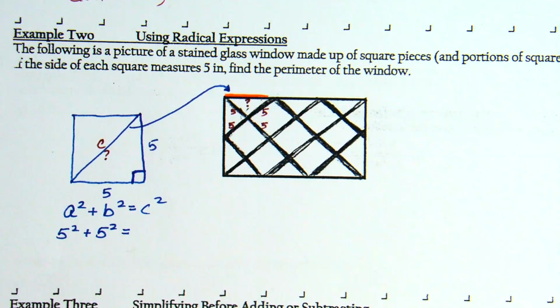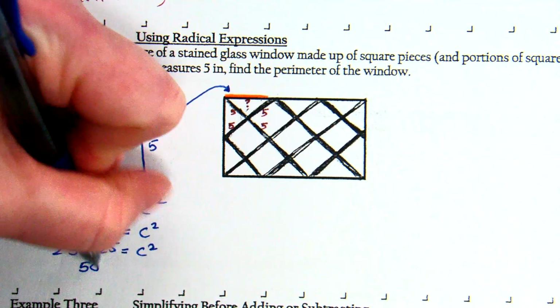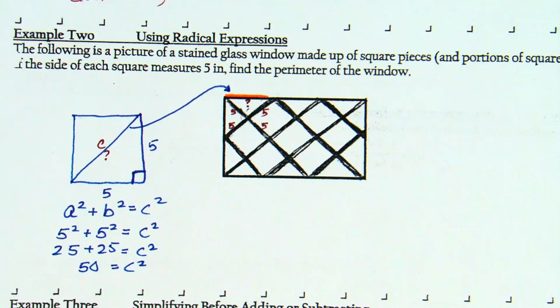Which we can call C if you want. You can call it X. So 5 squared plus 5 squared equals C squared. 5 squared is 25. So 25 plus 25 is 50. So I have 50 equals C squared.